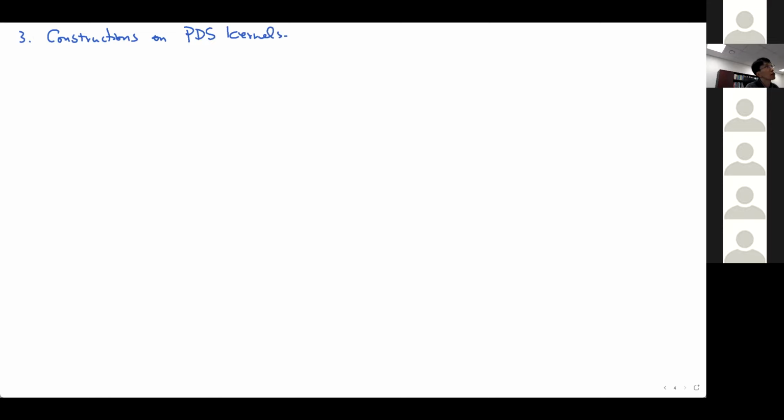As I said, they eventually help us to see why RBF or Gaussian kernels satisfy the PDS property, positive definiteness and symmetry. At the same time, it will also help us to see what kind of feature space, I mean feature map, is involved in the definition of this RBF kernel.